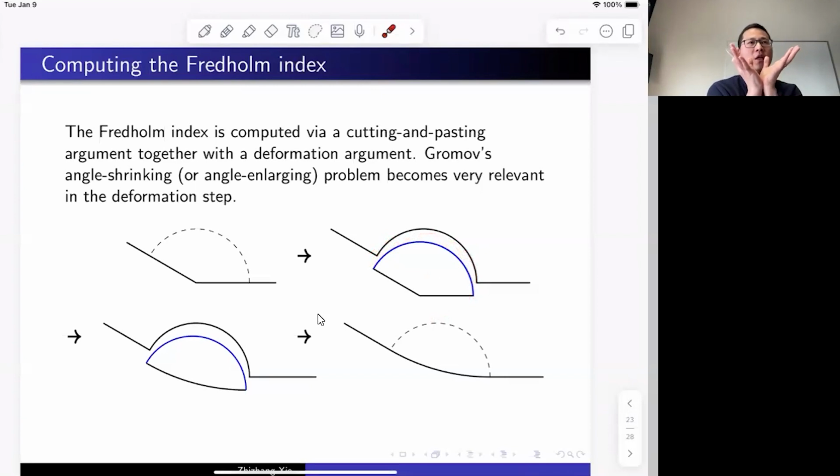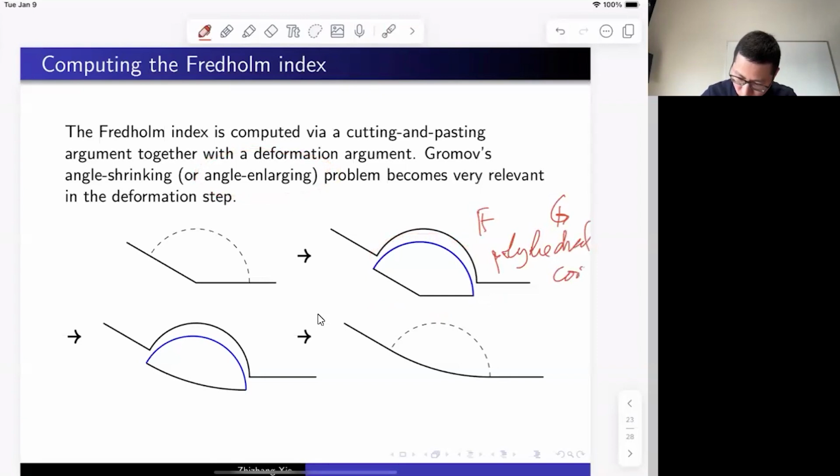Geometrically, roughly speaking, through this angle enlarging problem, we can deform a situation like this to a standard case. What do I mean by standard case? Because originally we have two shapes. We have the shape F. We have two polyhedral corners.